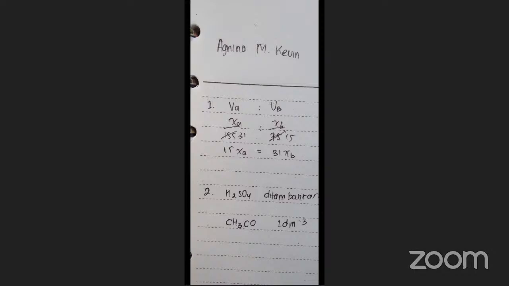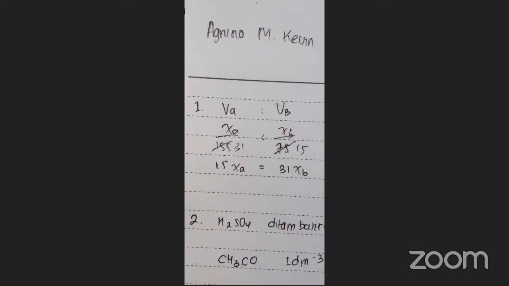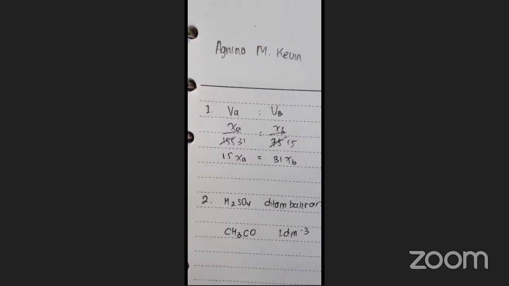Then I times it and find the equation that 15 concentration A equals 31 concentration B. Maybe that, doctor? Sorry if I'm almost wrong. No, it's okay. Thank you for trying, Kevin.